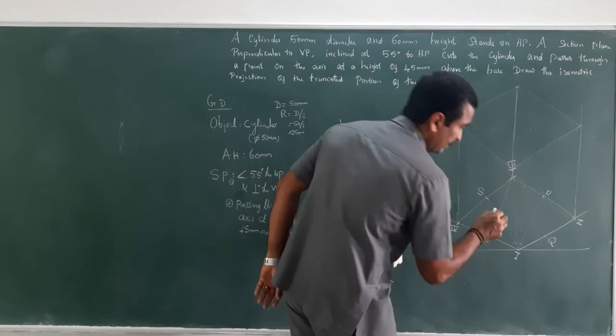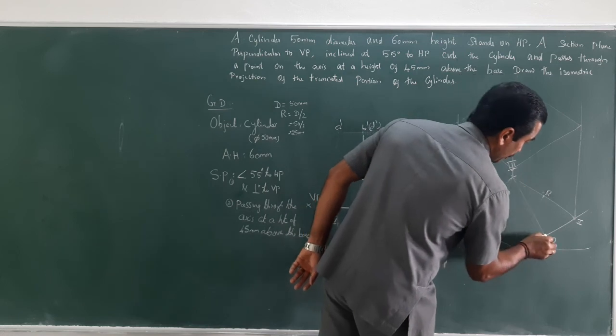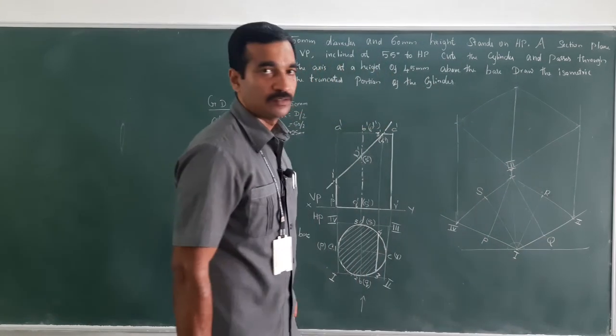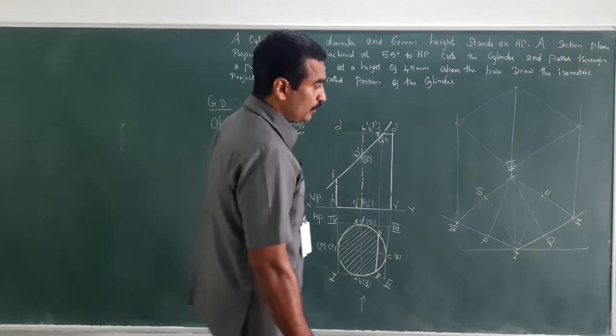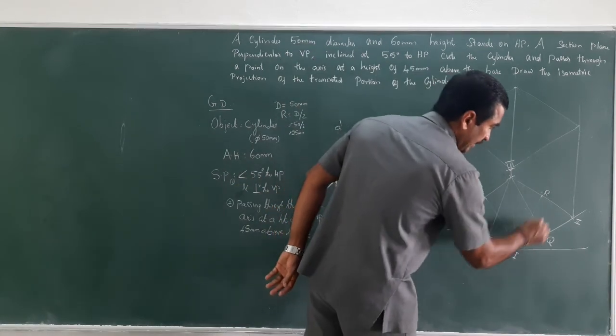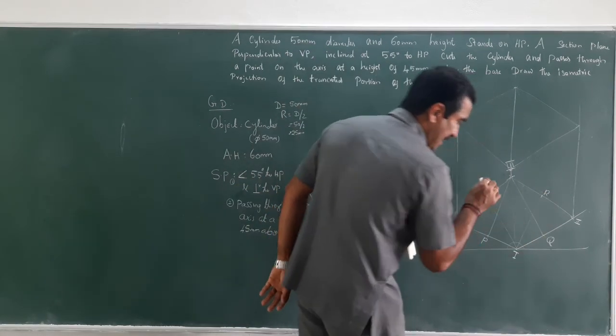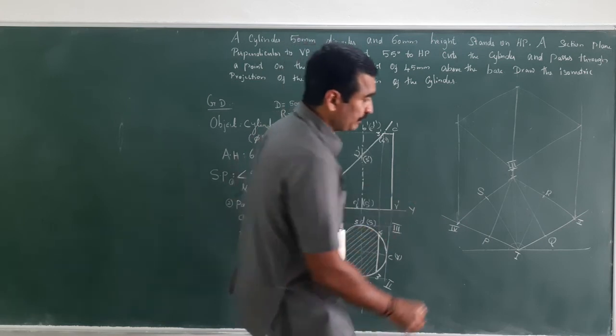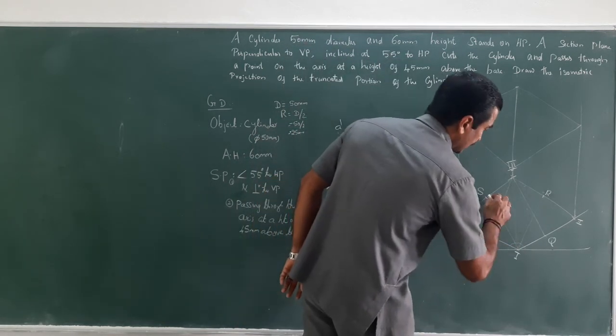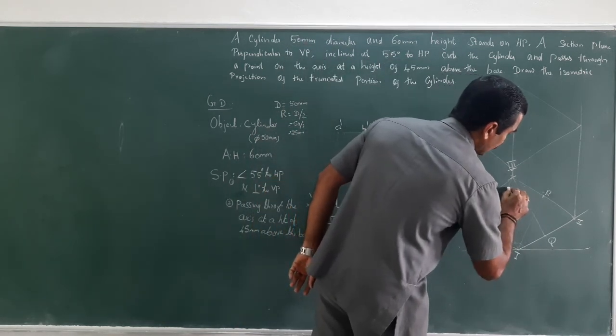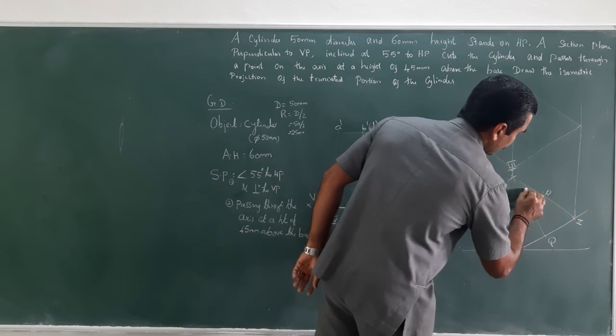Here it is P and here it is Q. Clear? Right. Now 1R or 1S as radius in your compass, keeping 1 as center, just cut an arc.